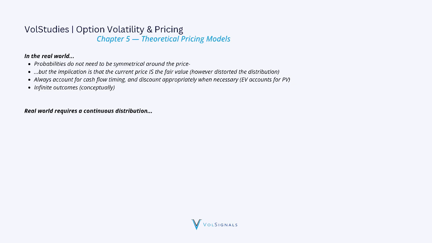And of course, beyond this, as Natenberg will often remind us through the text, you have to take into account the discounting of the cash flow you're receiving when the option expires. And in reality, you also have to discount the option itself according to whatever prevailing interest rate exists. This is fundamental, and it's nothing more than present value. And usually you simplify and assume that the interest rate is constant over the life of the contract.